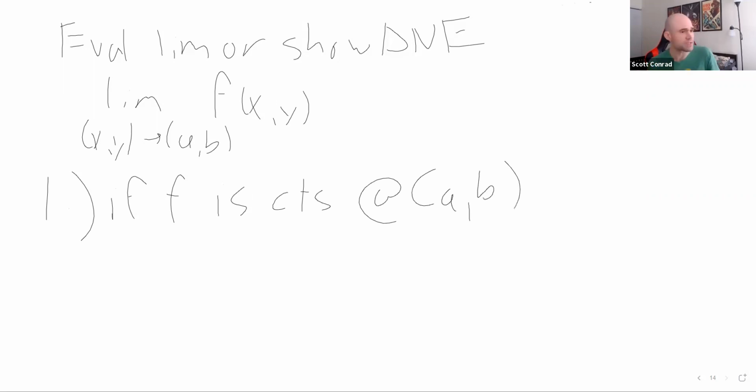If f is continuous at the point we're taking the limit at, the limit exists, and it's just equal to f at the point a, b. So if we know it's continuous there, we just plug it in. That's the limit. It exists.